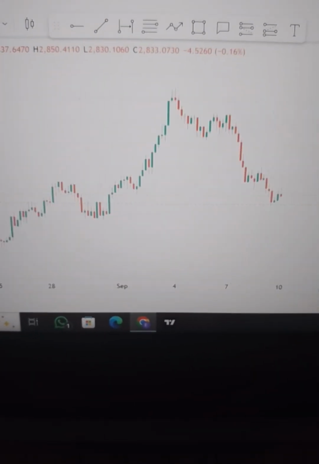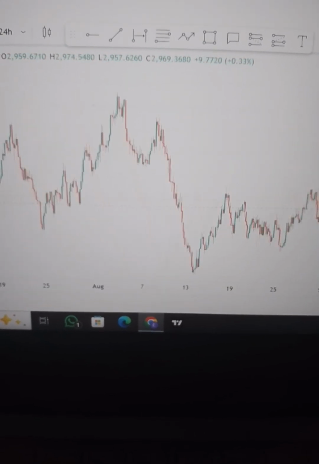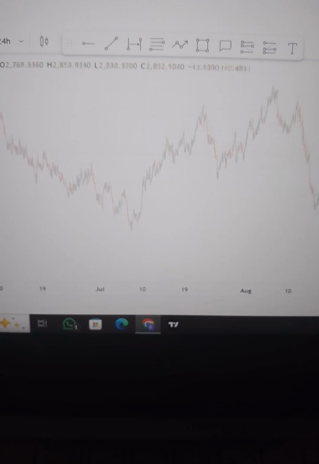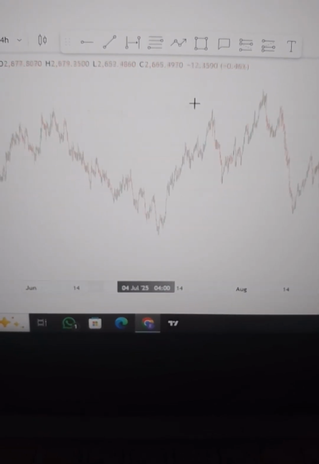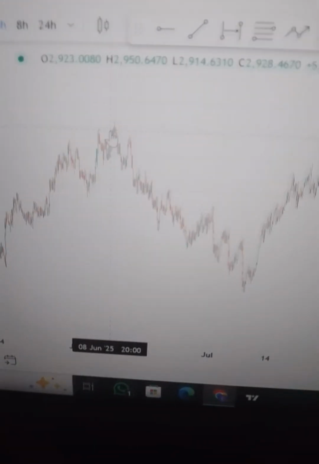So what I mean is, by zooming out, look at it. The market is zooming out for me now. So like this, here is actually my advanced market structure through 4 hours.